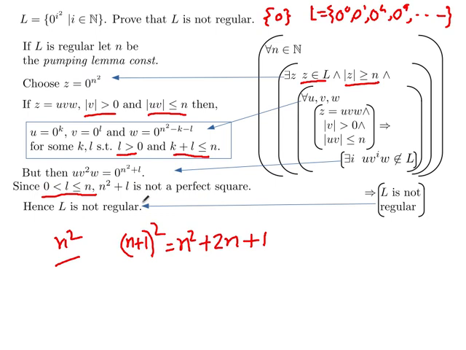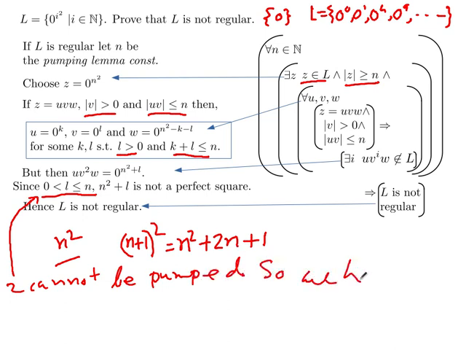And similarly here again you can put the same line, that Z cannot be pumped. So we have a contradiction. Hence L is not regular.